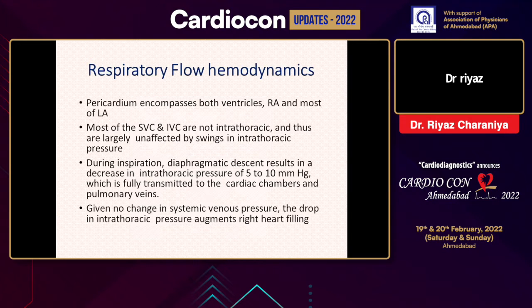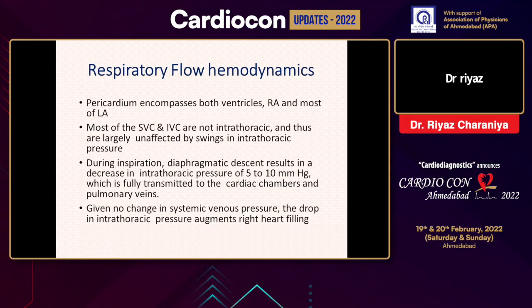Now, how does respiratory variation affect these hemodynamics? So the pericardium encompasses both the ventricles, the RA, and most of the LA. And we all know SVC and IVC are not intrathoracic, so they are largely unaffected by these swings in the intrathoracic pressure.